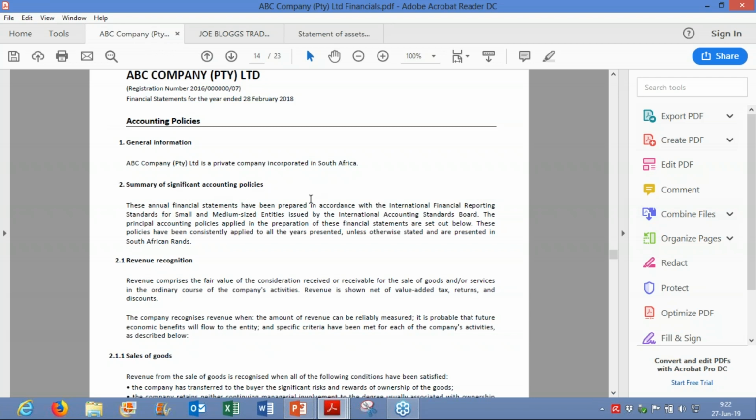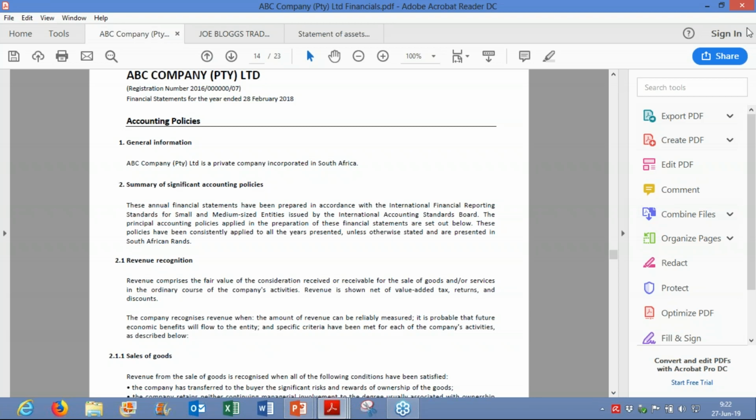So in this case, the annual financial statements have been prepared in accordance with the International Financial Reporting Standards for small and medium-sized entities. So it's your IFRS for SMEs. And that immediately puts your financial statements into context. It already allows you to create expectations as to what I think I should see in the financials. And if I don't see them, then it allows you to ask questions as to why or what else I need to then look at. So that's a nice way to put it into context.